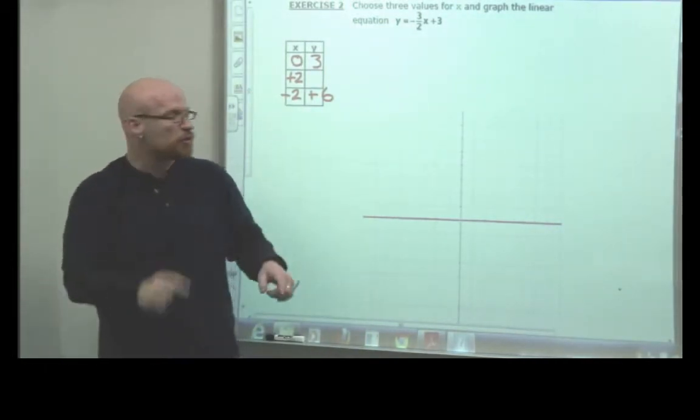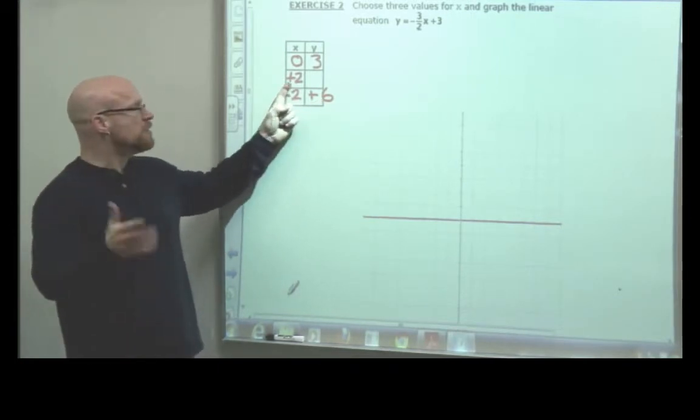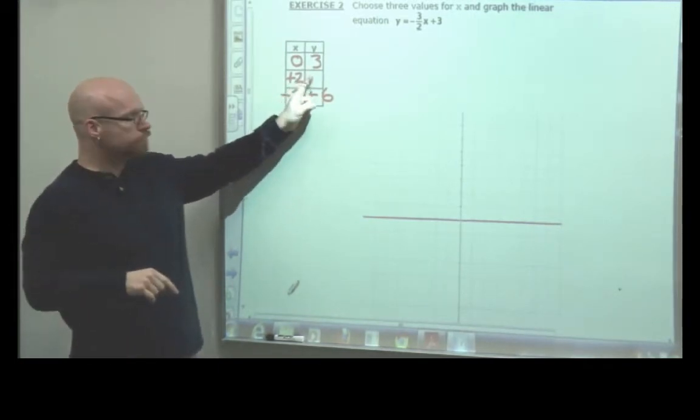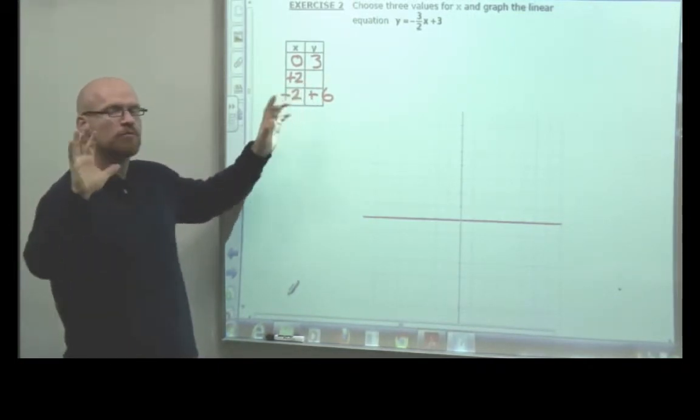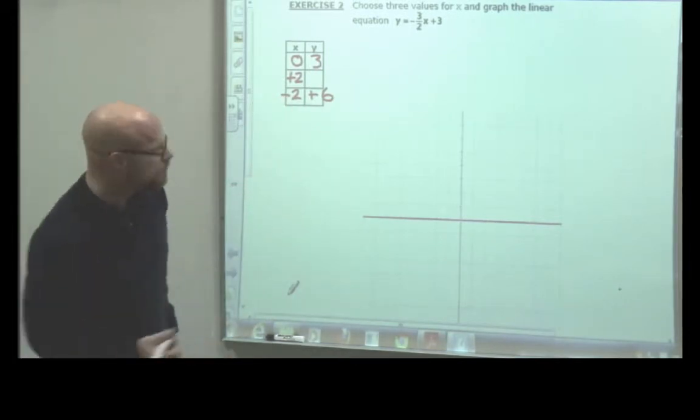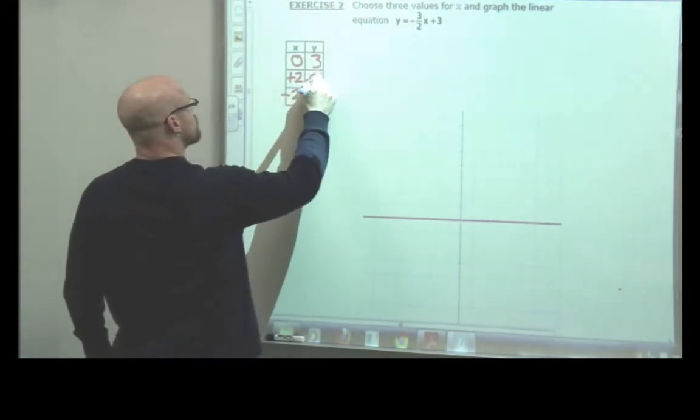Now, as I said before, I already have finished this table and I have the answer for the remaining x value. Positive 2 goes with y value 0.